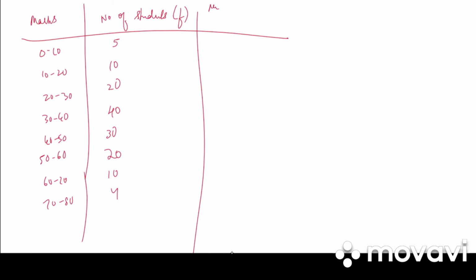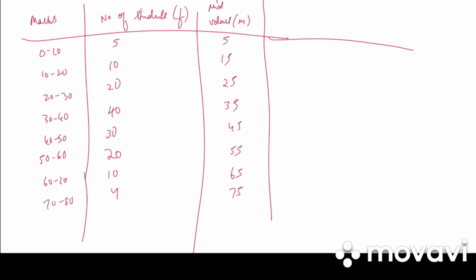Next we need to find mid values, that is m: 5, 15, 25, 35, 45, 55, 65 and 75. Next we need to find dx, which is m minus a divided by c. So what is the common factor? It is 10. See the mid values, the difference is 10. And what is the assumed mean?